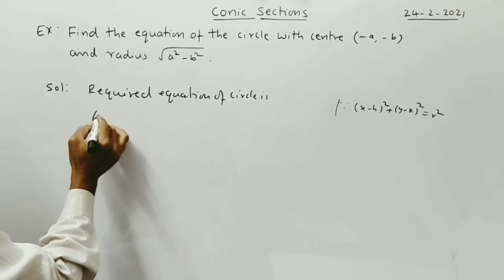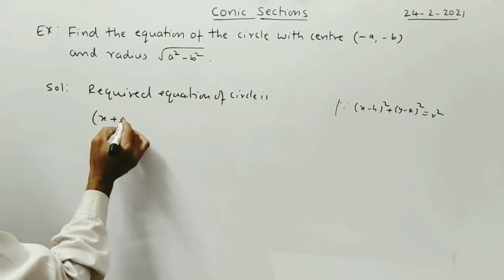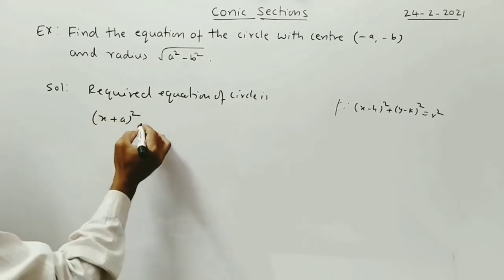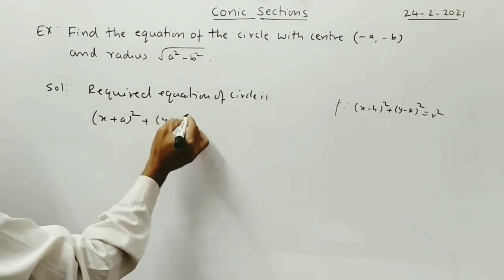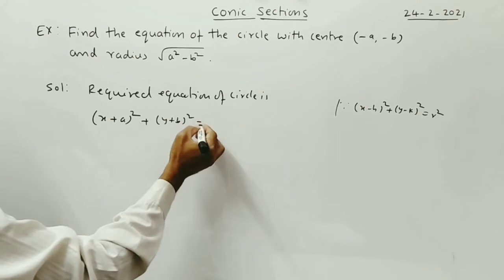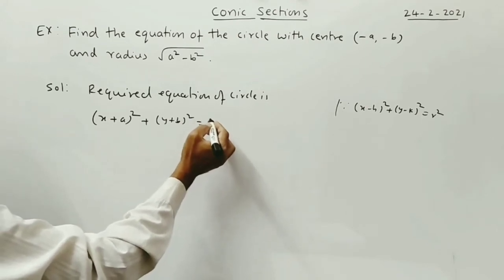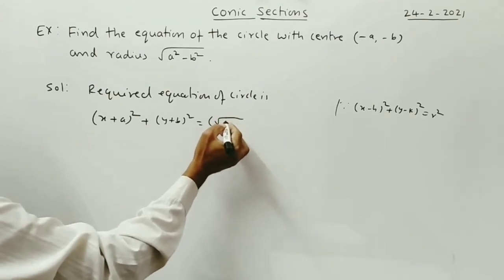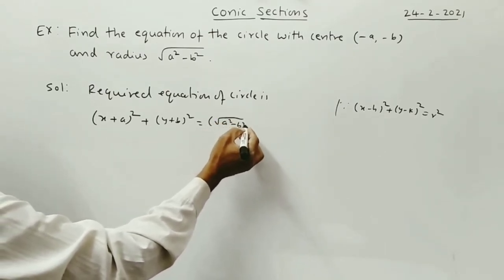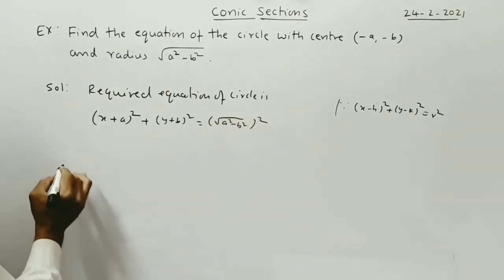So x plus a whole square plus y plus b whole square is equal to square root of a square minus b square.